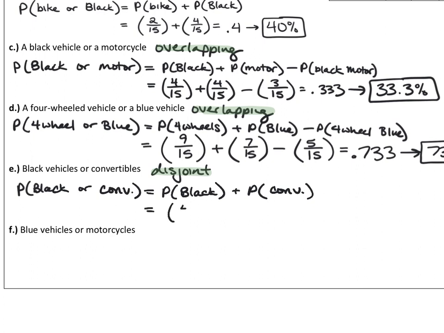There are 4 out of 15 vehicles that are black and 3 out of 15 vehicles that are convertible, which, if we throw that into a calculator, is 0.467, which is 46.7%.